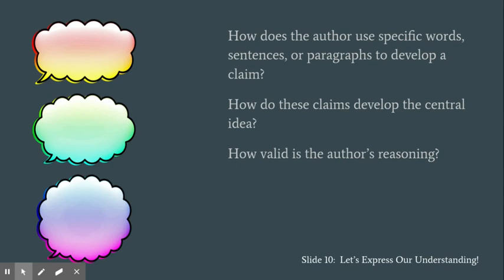Remember that not all of the claims are stated explicitly in the text. So now let's discuss.